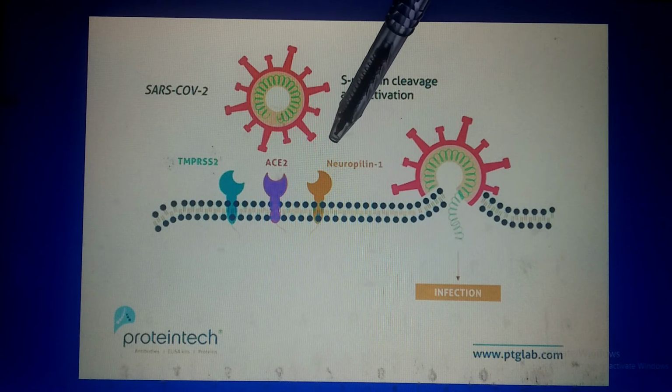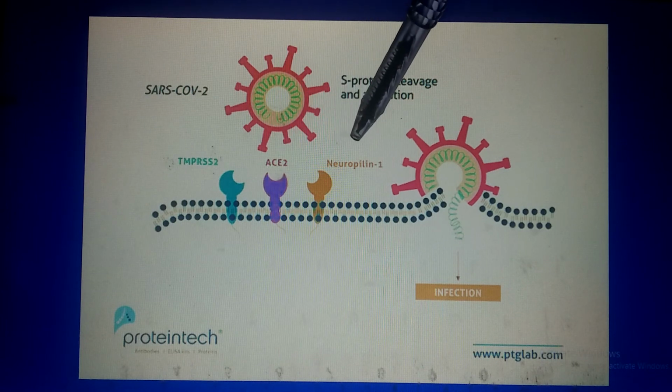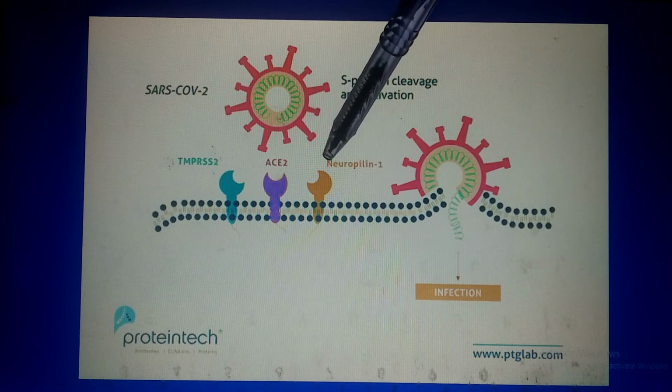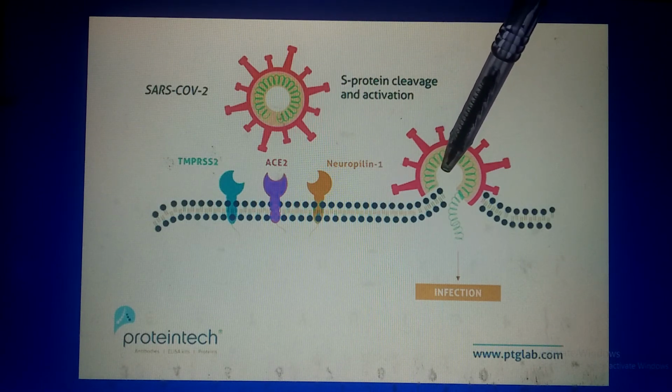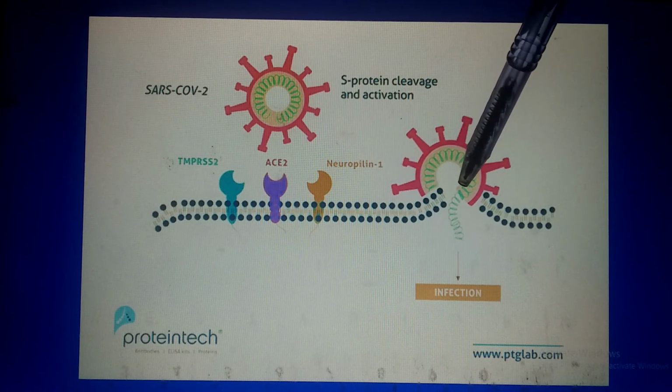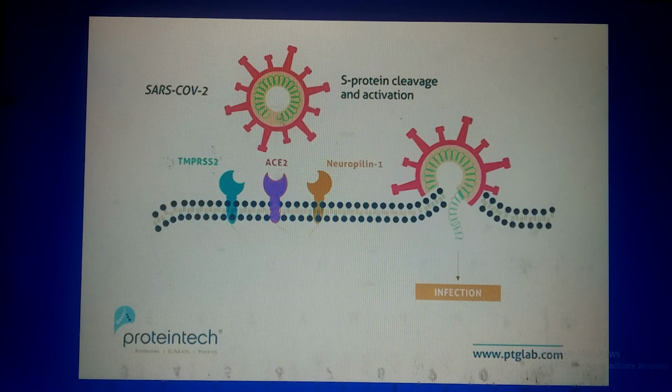Along with ACE2 you can see there is another receptor, neuropilin. This neuropilin also helps and guides the coronavirus, which then causes infection, or easily enters into the cell. In other words, neuropilin facilitates the coronavirus to enter into the cell.